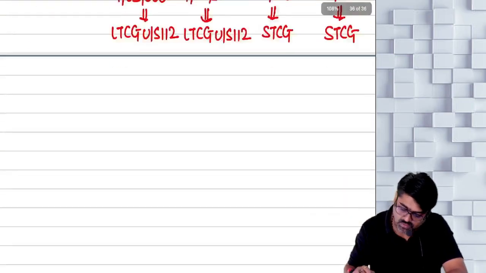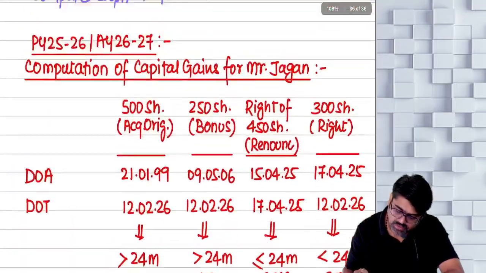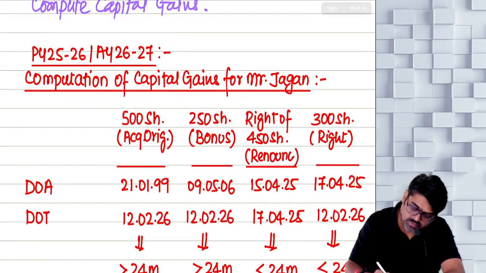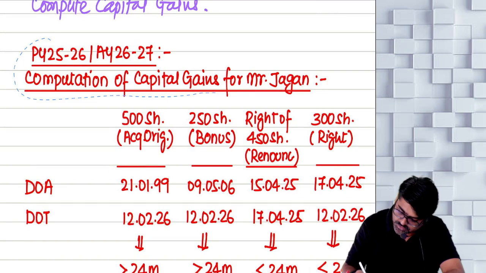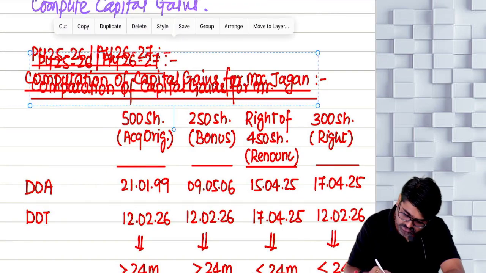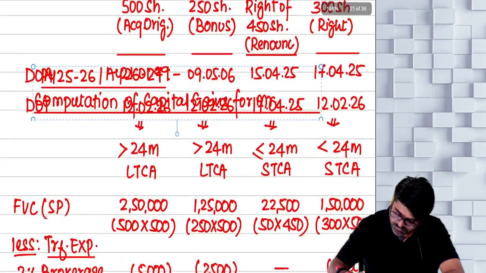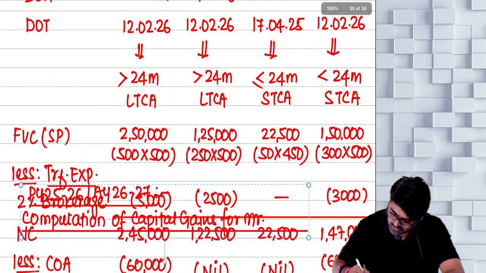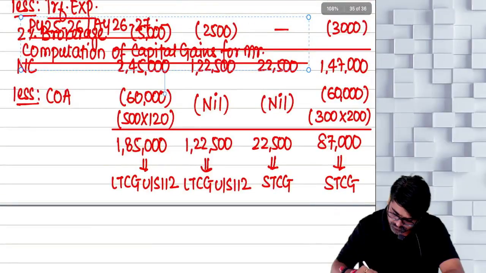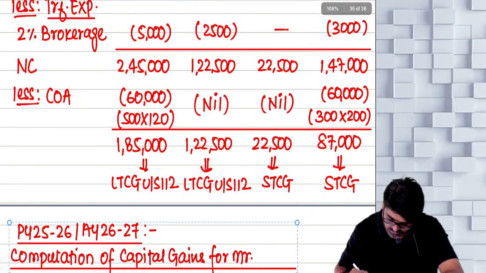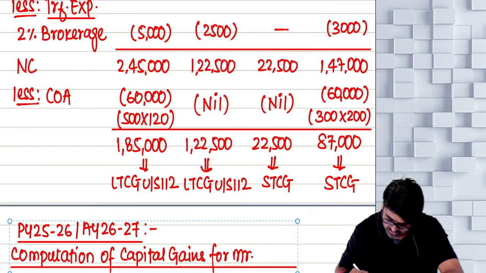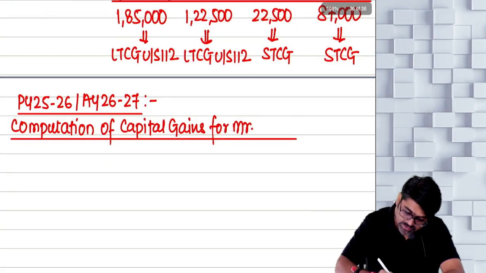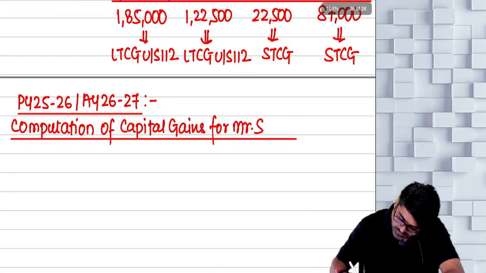Done. Now we are going to compute the capital gain for Mr. Suresh. Now for the same previous year, we are going to calculate capital gain for Mr. Suresh.